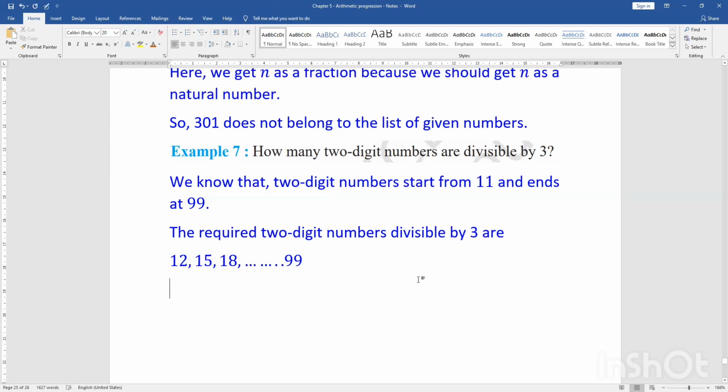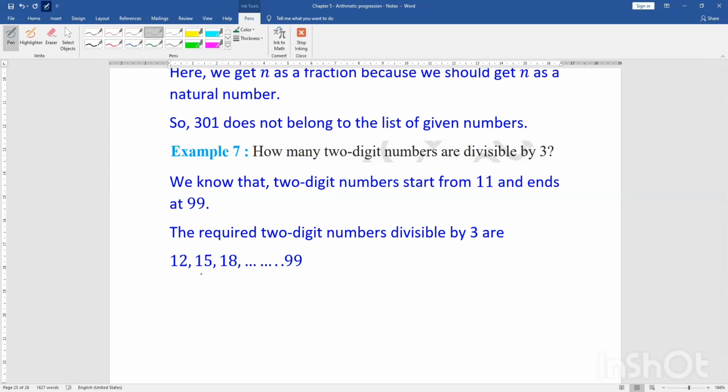So now let us write our findings, what all can be found out. This first term is A, correct, children? Then 15 minus 12 is 3. That is the D value.